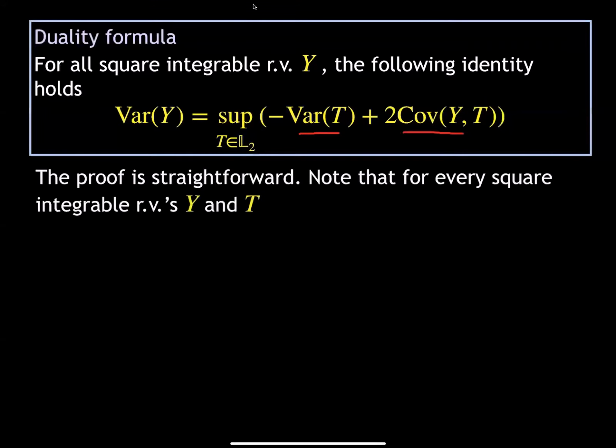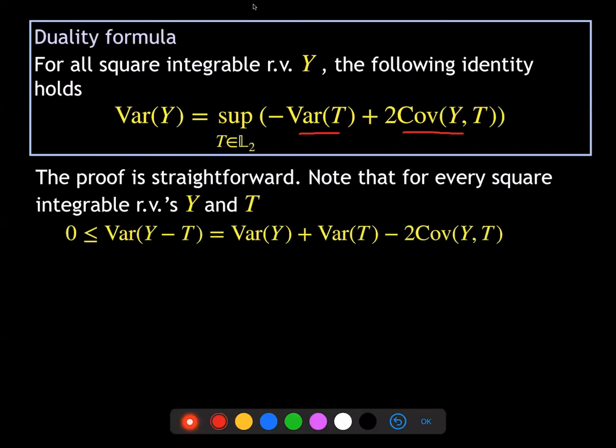And now, what I'd like to show you first is that it is a very simple formula to prove. It just comes from the fact that the variance of the difference between y and t is simply expressed as the sum of the variances minus 2 times the covariance.